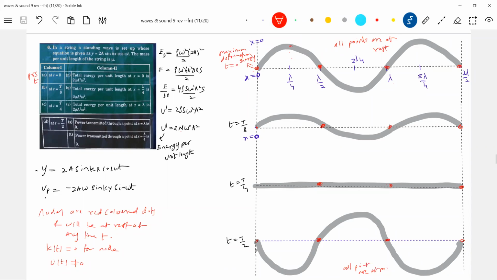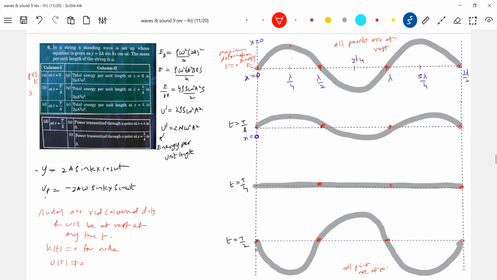Now what about lambda by 4 antinode? Shall we go for option T? At t equal to T by 8 for a node, P and Q are not possible. S is possible. So S is what is available.